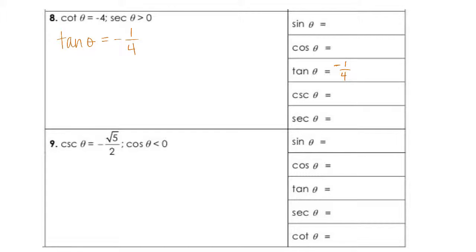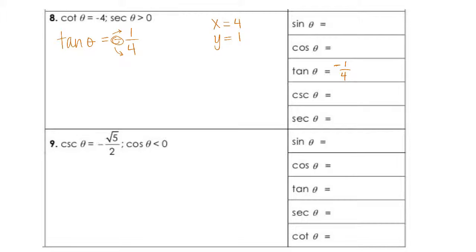That's going to give me an x value of 4 and a y value of 1. Now, I cannot attach a negative because I don't know if that negative came from the top or the bottom. And I can't put it on both because then it would make it positive. So that's why you have to go check your signs to see what quadrant you're in. So don't worry about those signs at the moment. We'll attach those at the end.